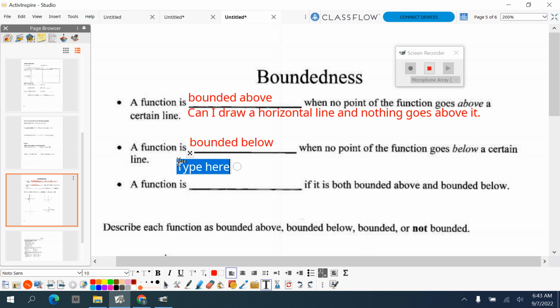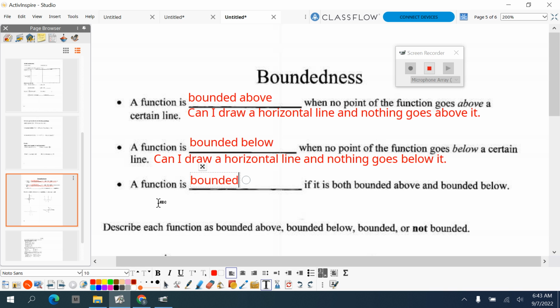So the question here is, can I draw a horizontal line and nothing goes below it? And when it's completely bounded, we simply refer to it as being, of course, bounded.